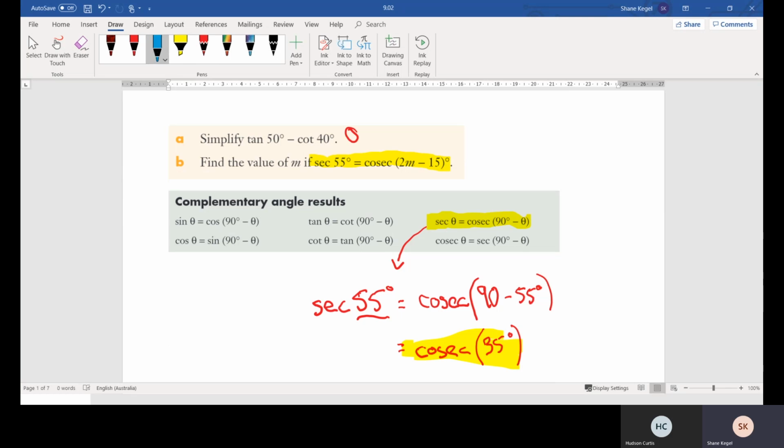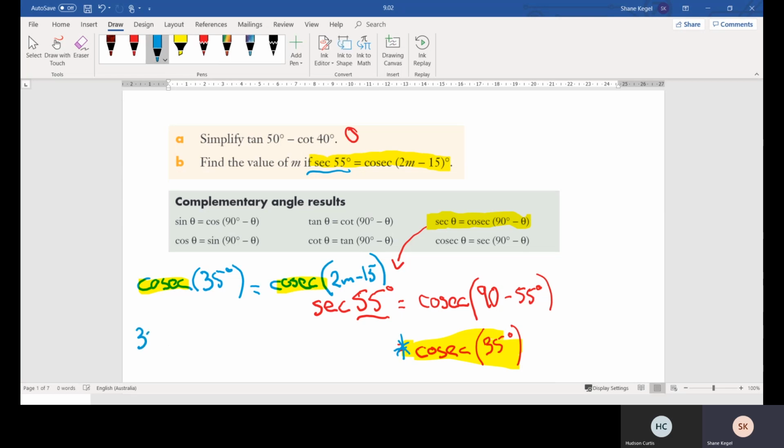So plugging it back in, remember I'm replacing sec 55 with my new value here. So cosec of 35 degrees equals cosec of 2m take 15. And when I have my two cosec values here, I can just get rid of them and solve.